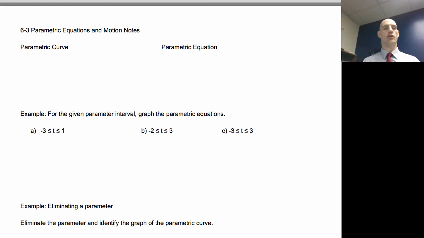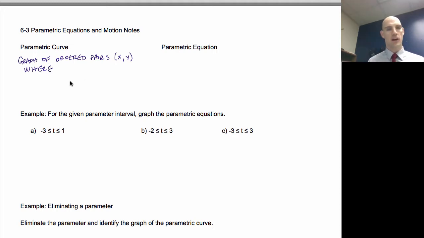A parametric curve. We talked briefly this year about parametric curves and parametric equations, but a parametric curve is a graph of ordered pairs, and that would be like (x, y), where we have equations that define x and y.